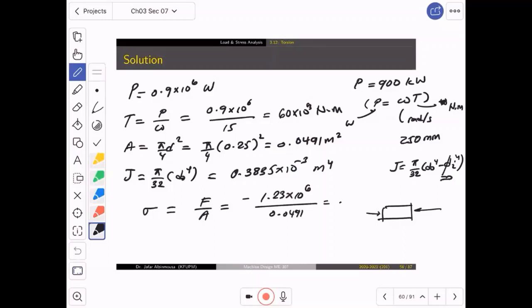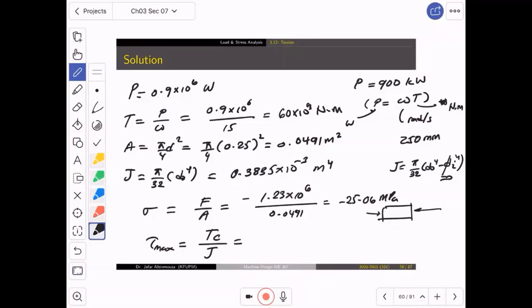And what you will get is minus 25.06 megapascal.